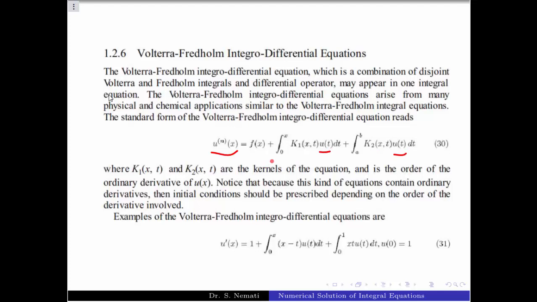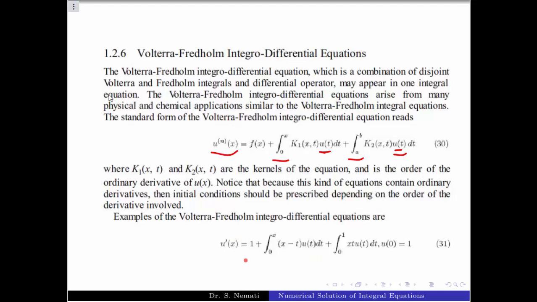Since you have a Volterra part and a Fredholm part, you call this equation a Volterra-Fredholm integral differential equation. This is the standard form, and as you can see, it is a linear equation where K1 and K2 are the kernels of the equation.